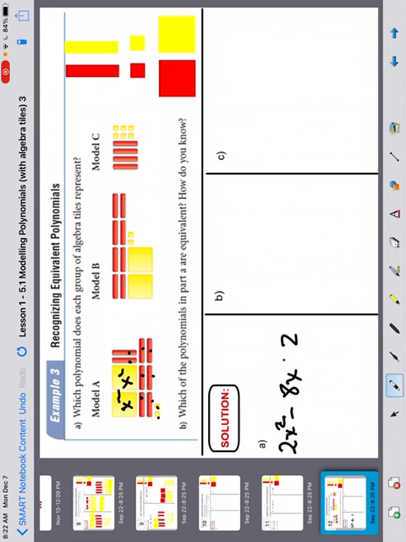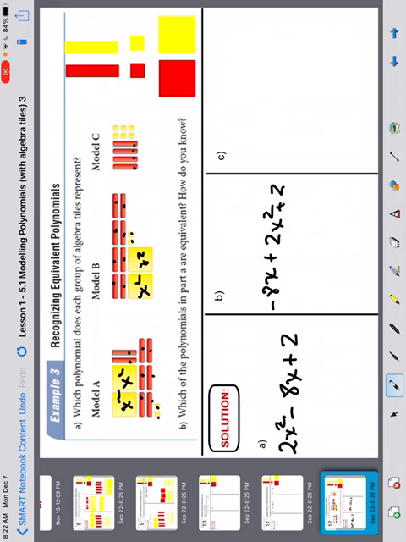I have 2, they're yellow, so they're positive. Over here, these are x's. I have 8, they're red, so they're negative. These are x²'s. I have 2x², and they're yellow, so they're positive. And here are my constant terms. There's 2, and they're yellow, so they're positive.